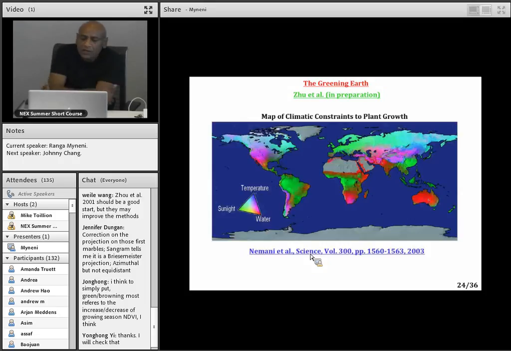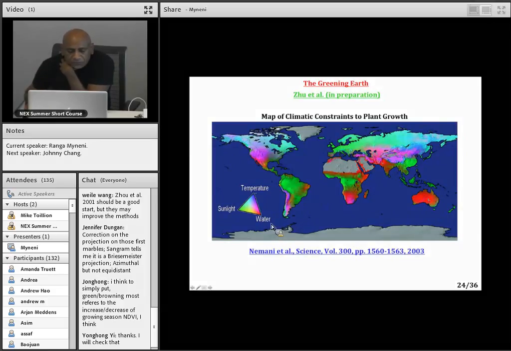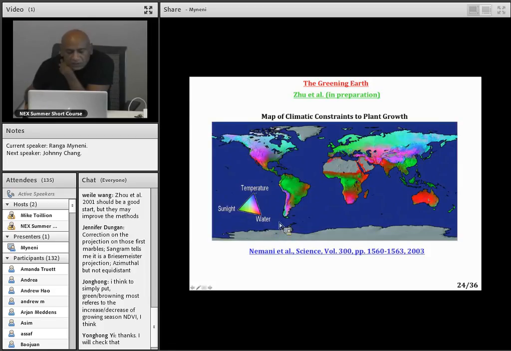So what are these climatic constraints to plant growth? This is a very key concept to come from Myneni et al. and the University of Montana, Missoula group. Climate is seen as availability of water, follow my cursor please, availability of water, temperature, and sunlight.